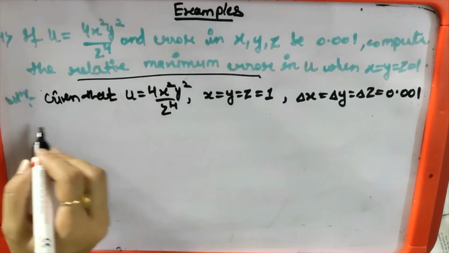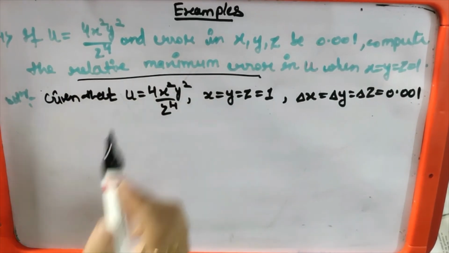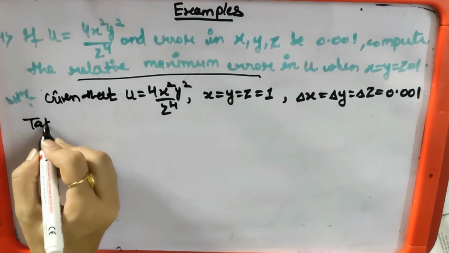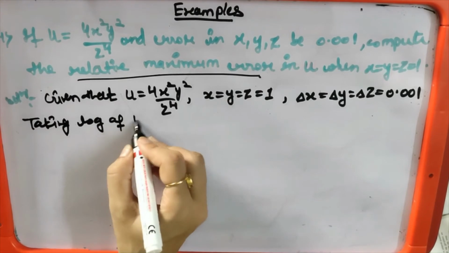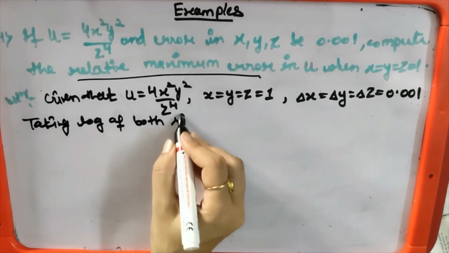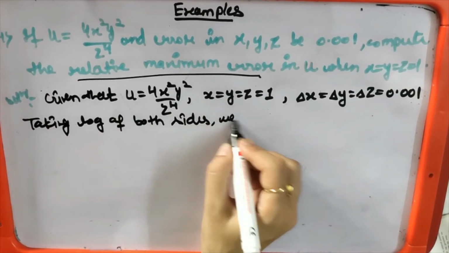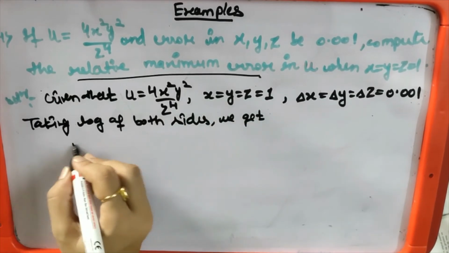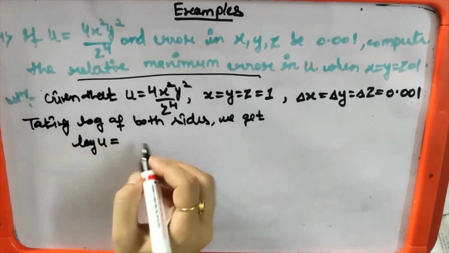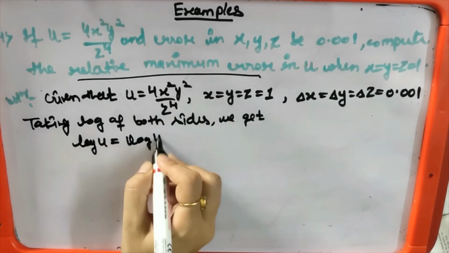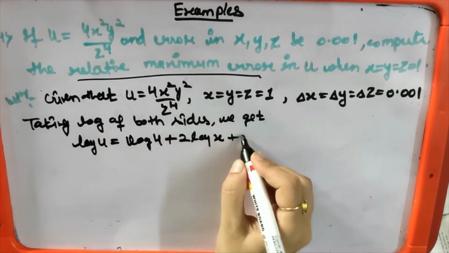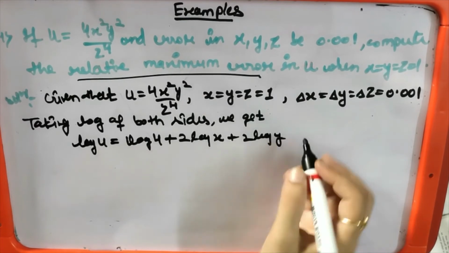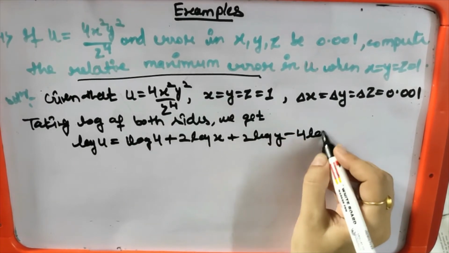Now we have to find the relative maximum error in u taking log of both sides. We get log u is equals to log 4 plus 2 log x plus 2 log y minus 4 log z.